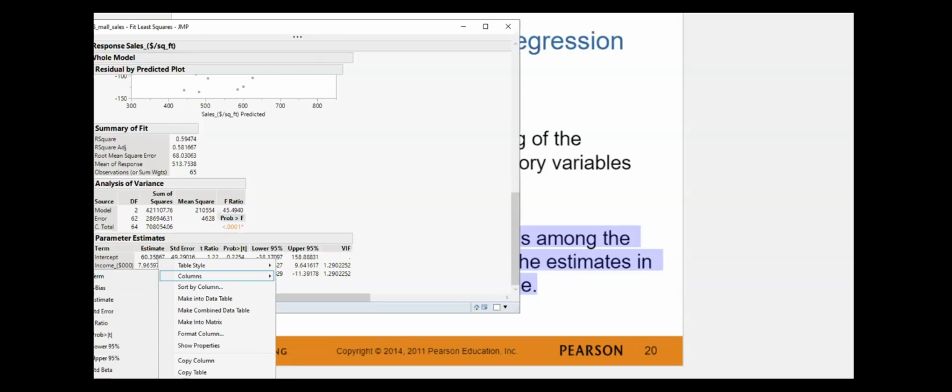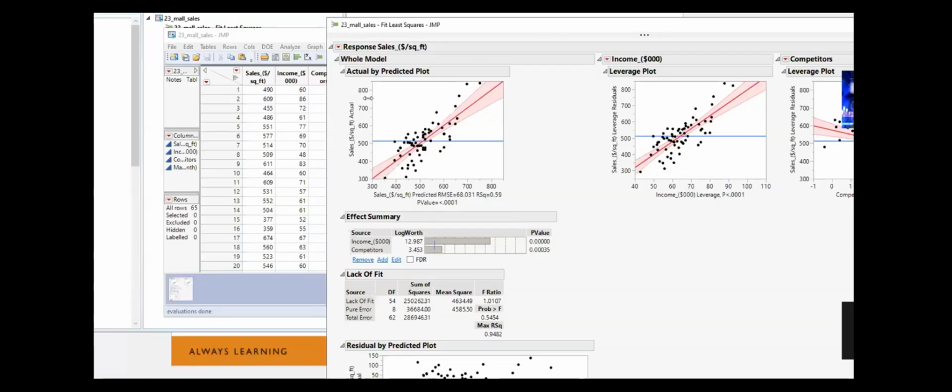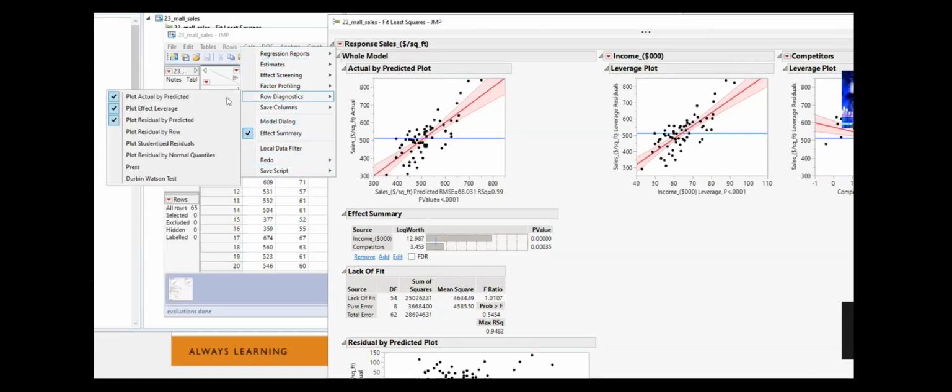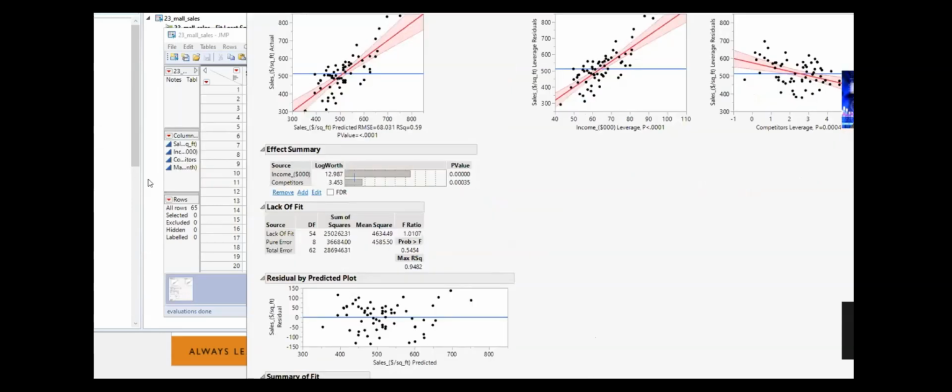All right, you can also check if your residuals are independent or not by going to the red triangle, row diagnostics, Durbin-Watson test. And all of those graphs, plot actual by predicted, leverage and residuals by predicted, residual by row, you can click here and they will appear. And Durbin-Watson test is down here.